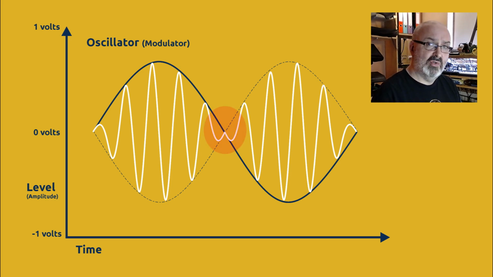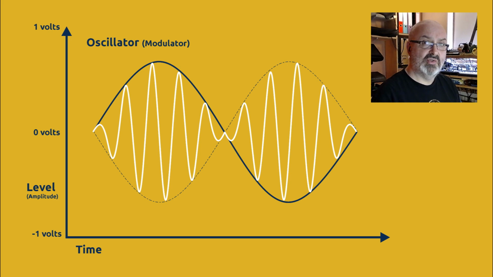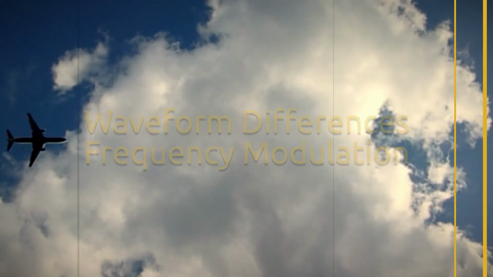With amplitude modulation, it would just stop and you get silence and that's it. But with ring modulation, the modulator then starts to flip over the modulated waveform. And so you end up in a situation where you get an inversion. Although the output is getting louder again, it's actually an inverted form of the original.